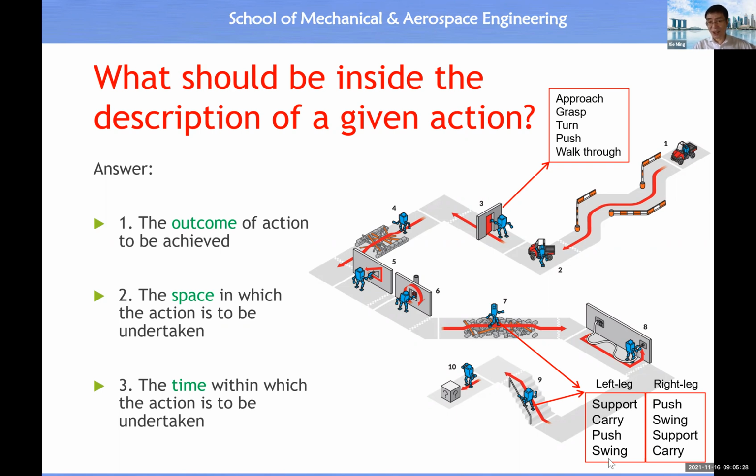When the left leg undertakes the action of swing, then the right leg will undertake the action of carry. By repeating this sequence of paired actions, the robot will achieve normal biped walking behavior.